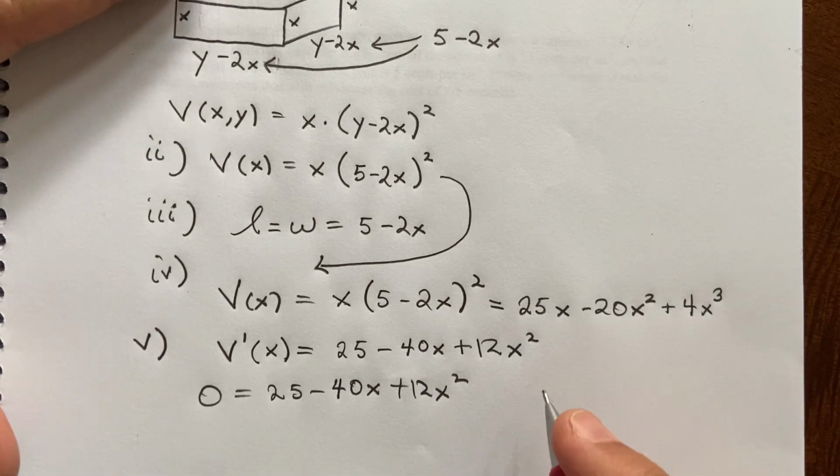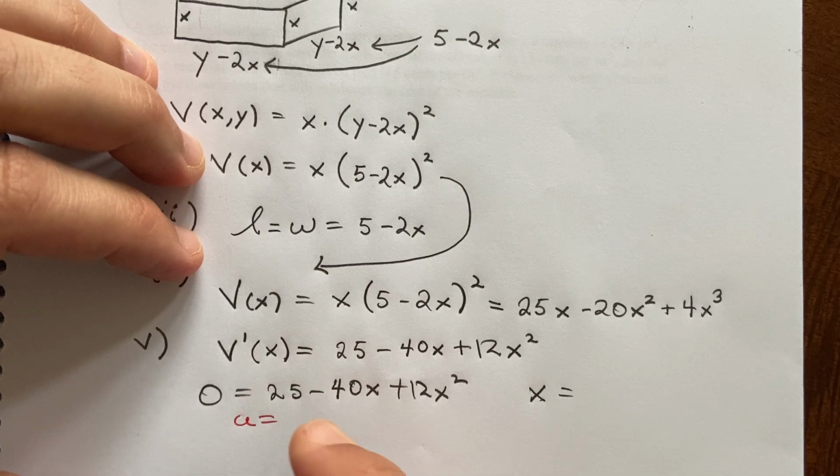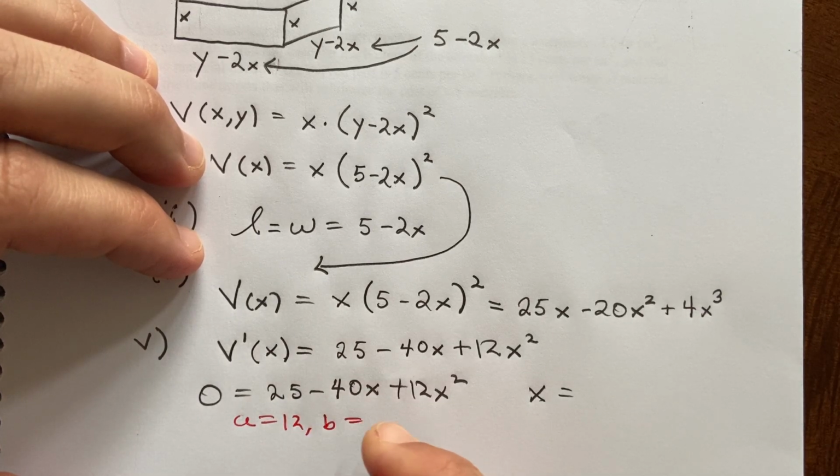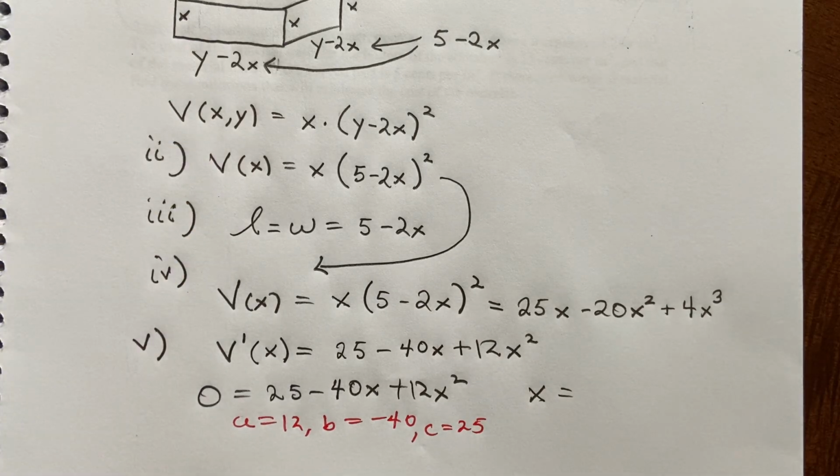So it looks like the quadratic formula will be needed. So I'll have A is 12, B is negative 40, and C is 25.